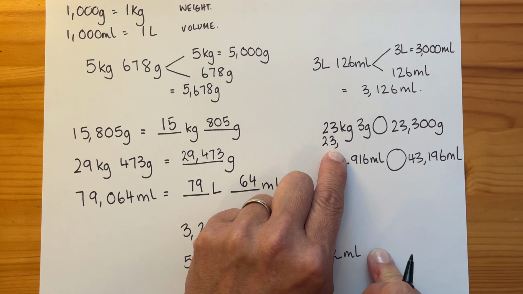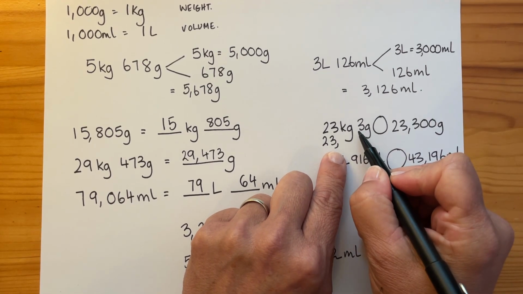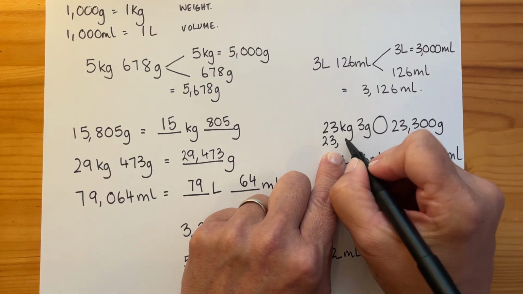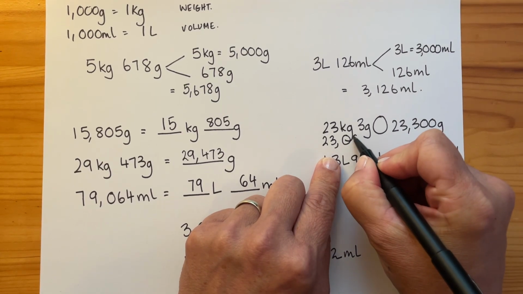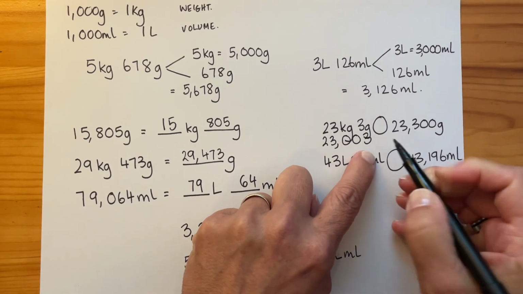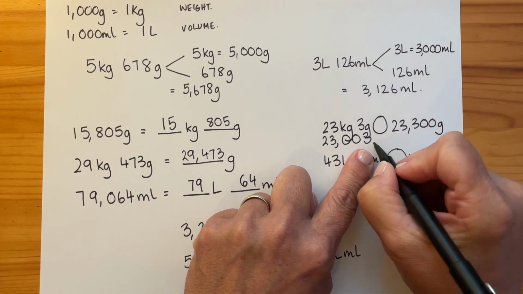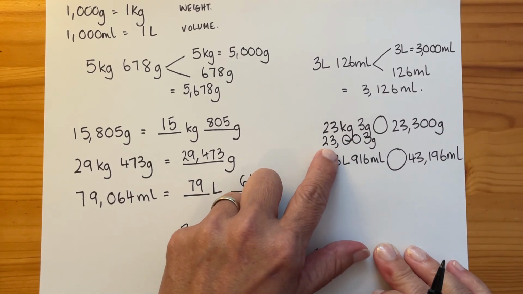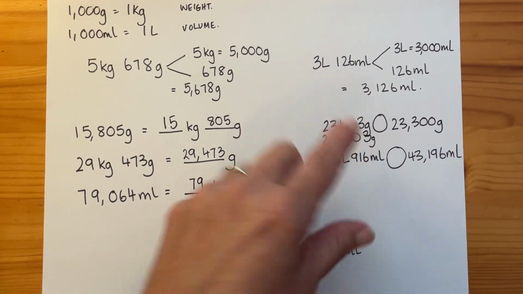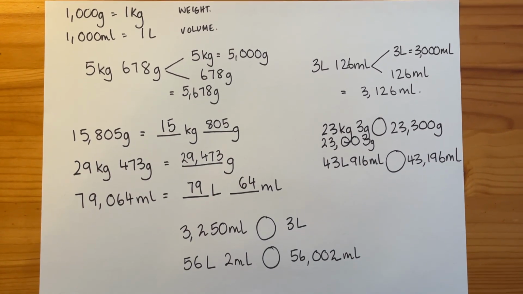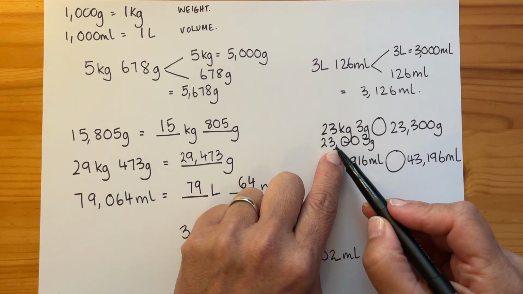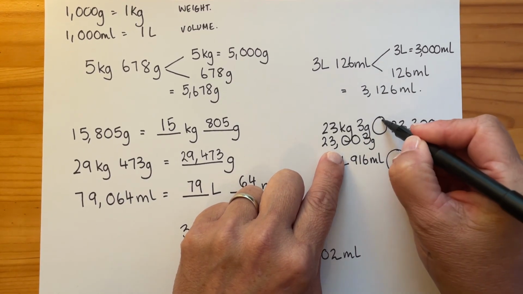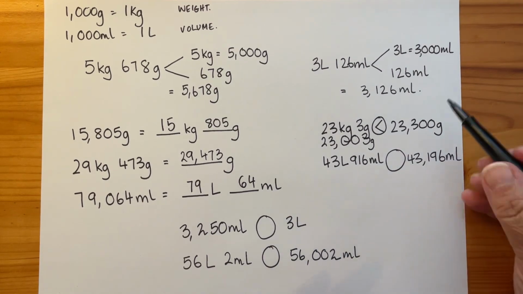So now this is tricky because I've got nothing in the hundreds, nothing in the tens, and then 3 grams, right? So 23 kilos and 3 grams is the same as 23,003. Sorry, my camera's shaking. So 23,003 is definitely smaller than 23,300. So that one's going to be bigger.